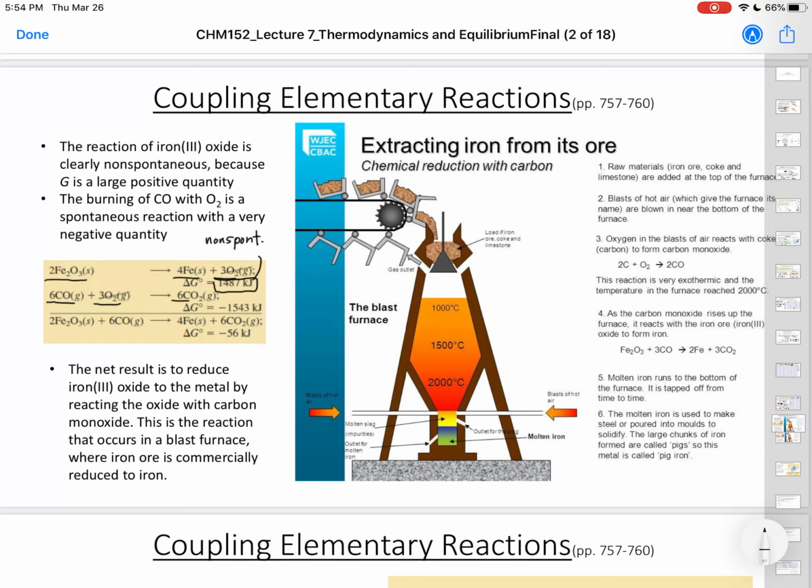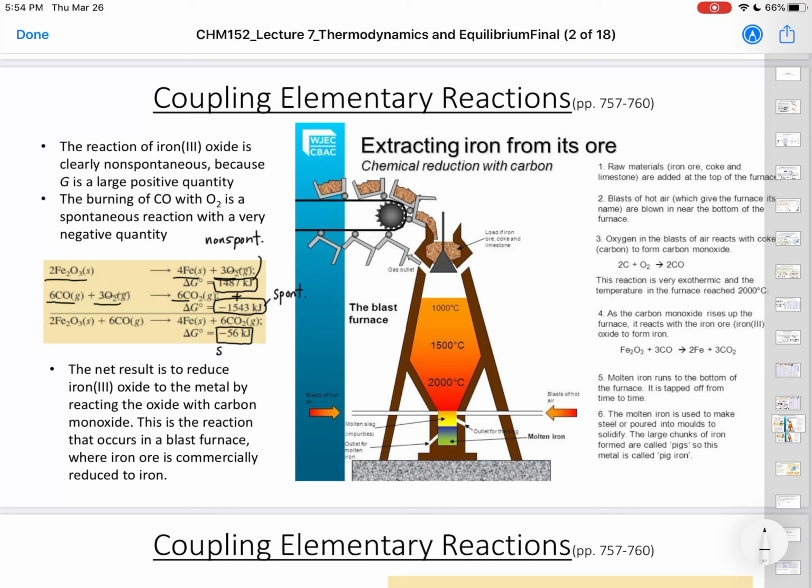But what you can do is couple it to a carbon monoxide reacting with oxygen reaction to form carbon dioxide. And this reaction, notice, is negative 1543. So this is what we call a very spontaneous reaction, okay?